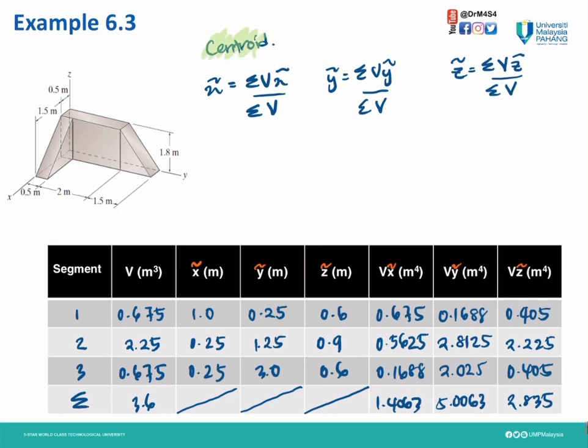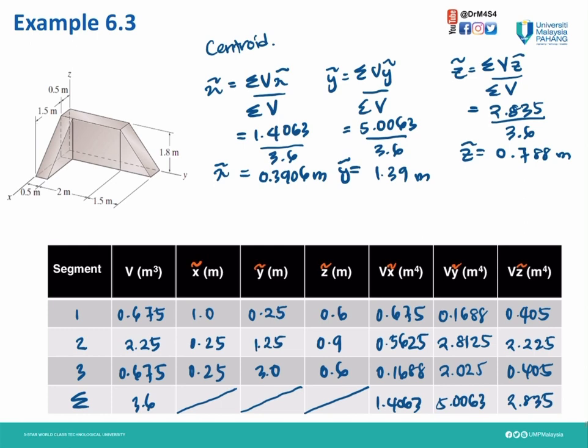So x bar is the summation of Vx bar divided by the summation of V, y bar is the summation of Vy bar divided by the summation of V, and z bar is the summation of Vz bar divided by the summation of V. By doing so, we get the values for x bar, y bar, and z bar.